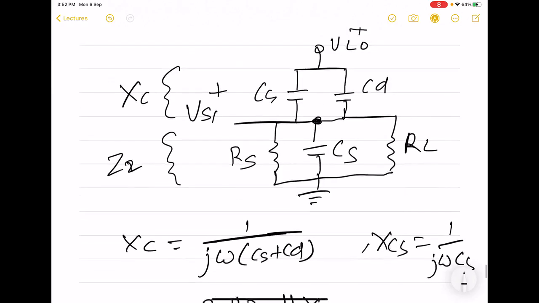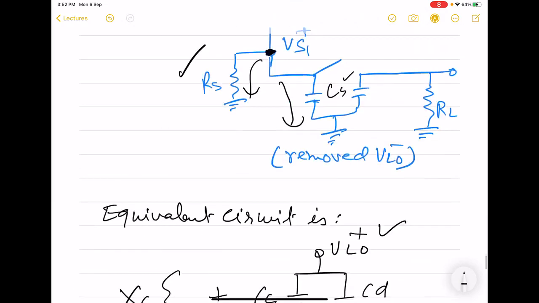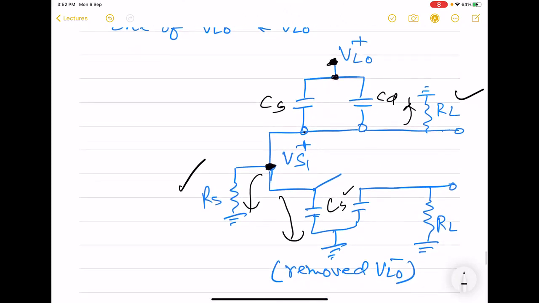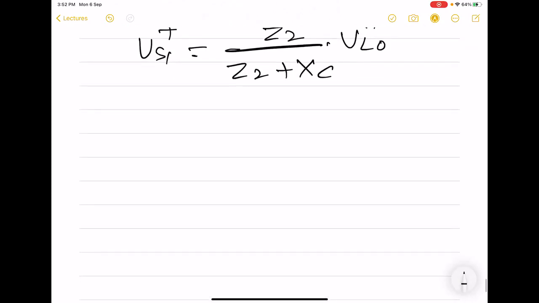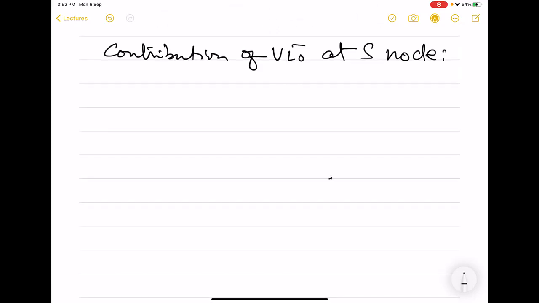So this is the contribution of LO plus to this node. Now we have to consider LO minus, and because of that, we have to find out the voltage at this node. So for this case also, the circuit remains same.